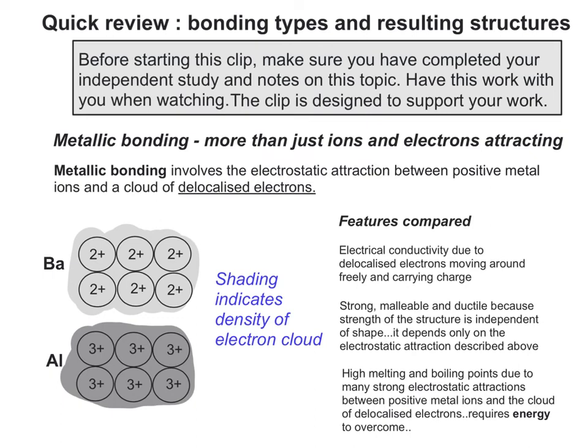If you look at the shading that I've added to the barium and aluminium lattices, or structures, the shading indicates the density of the electron cloud. What I mean by that is that for every barium 2+ ion, there's 2 electrons added to the electron cloud. For every aluminium 3+ ion, there's 3 electrons added to the electron cloud.